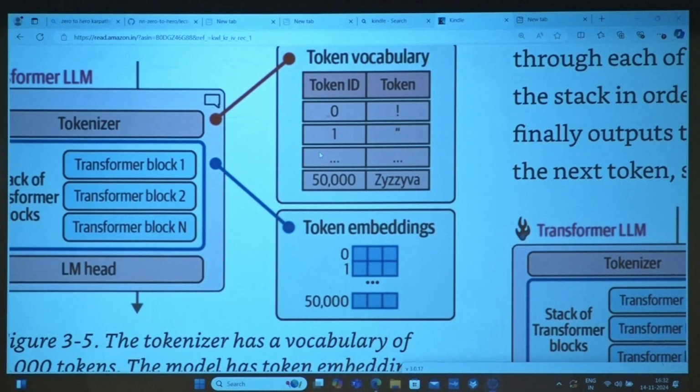Now that vector size is what I was talking about. The bigger the vector, the more elaborate is your language description. I told you typically that vector is 1024, 8192 or even more. Even 8192 I think is what GPT-4 uses. I think 4o has even bigger.